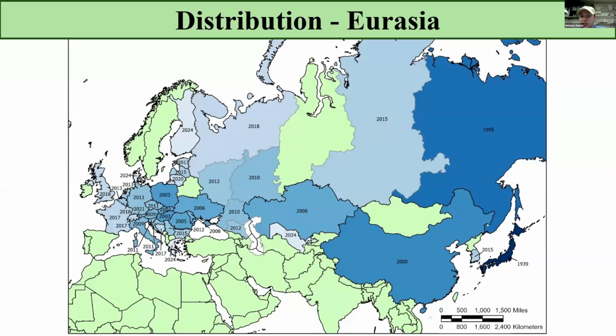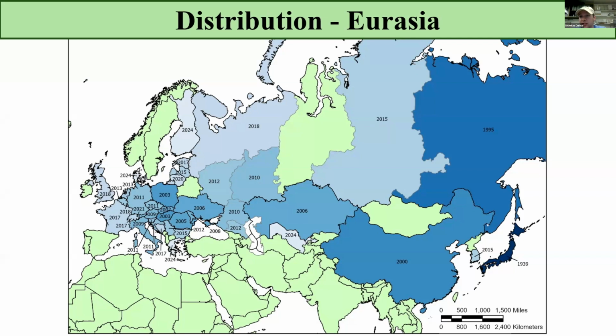As far as distribution, Elm Zigzag Sawfly is native to Japan. It was first described in 1939 and wasn't detected outside of the country until 1995. Between those time periods, it wasn't mentioned at all in the literature until the early 90s, when it began severely defoliating some Siberian elm planted in Japan.